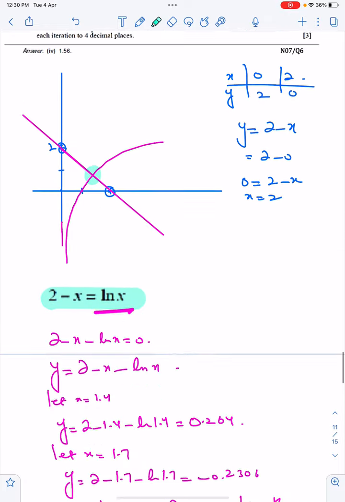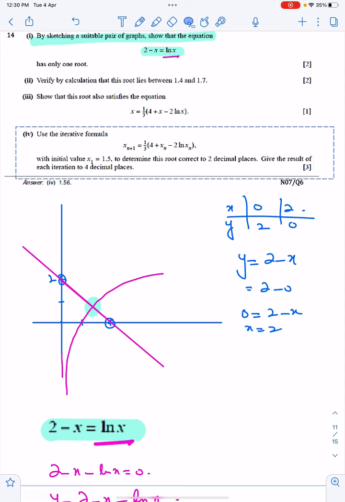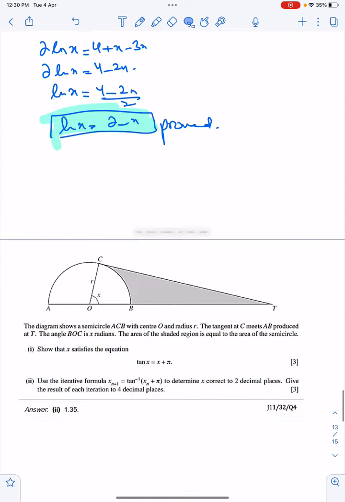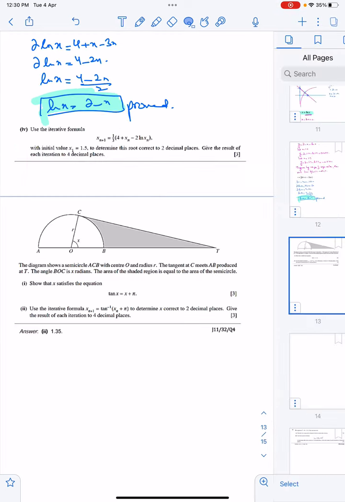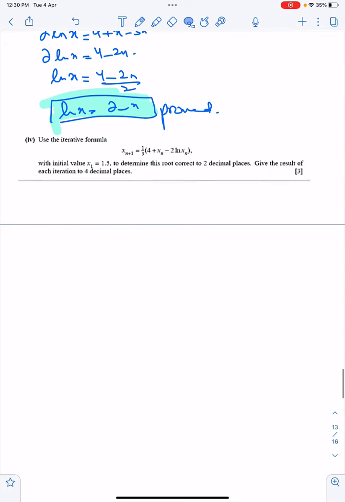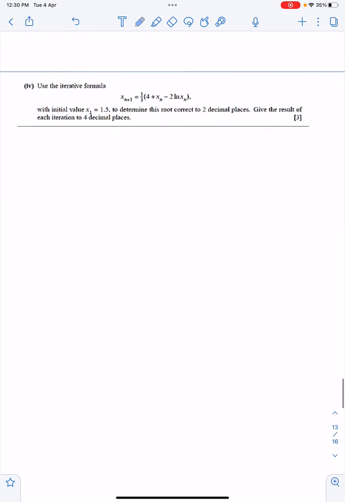Okay, the next part they are saying use the iterative formula to find the root, and you have to take the initial value to be 1.5. So x1 equals 1.5.